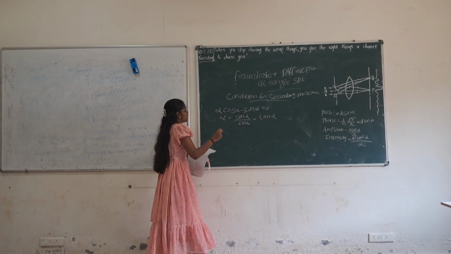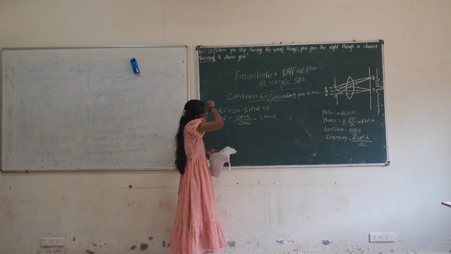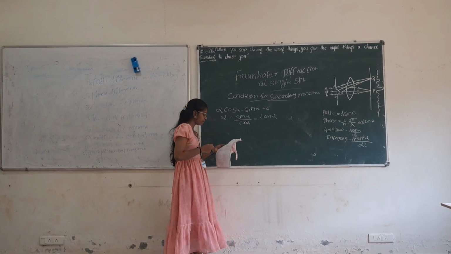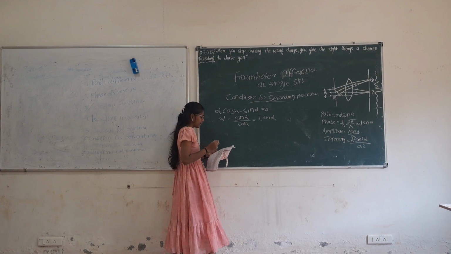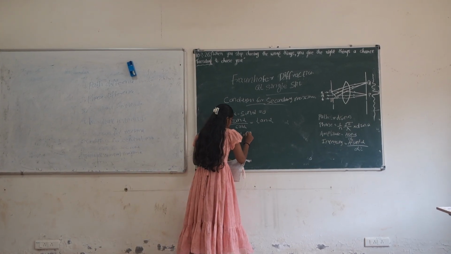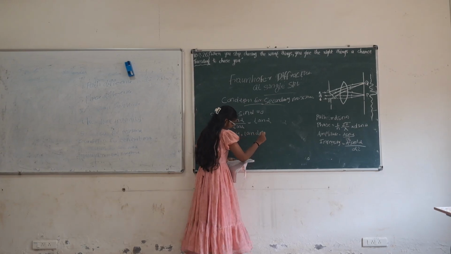So to find the points, we want to solve this equation graphically. Here we are taking y is equal to alpha and y is equal to tan alpha.